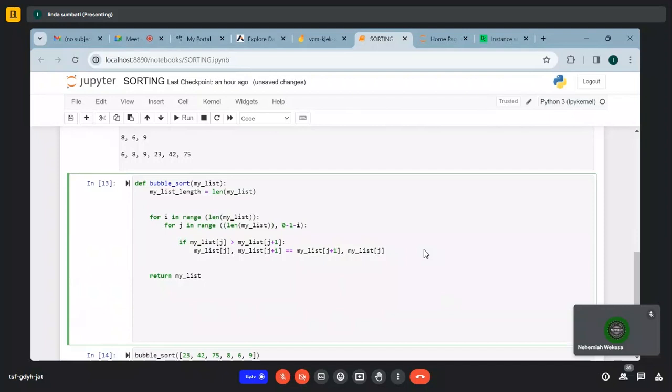Like that? Not there. 0 should be the first one and then the next one is that thingy. So 0 should be here? Yes, 0 comma, then my list minus 1 minus I minus 1, yes. So you want it to be like this? Is it okay? Yeah. Have I done what you want me to do? Yes. Okay.